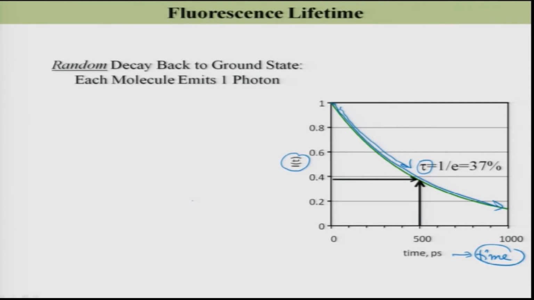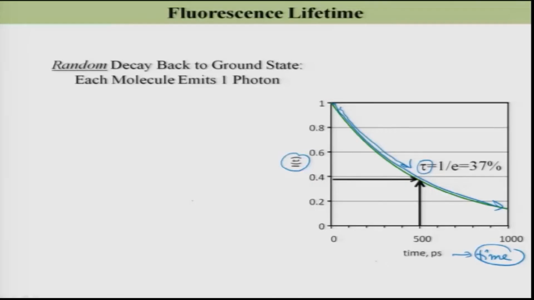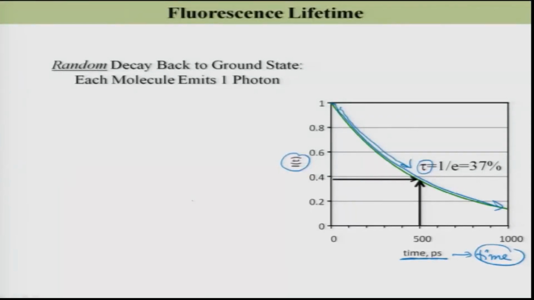But the problem is that, as I said earlier, the lifetimes of these molecules are in the order of nanoseconds. That means you need to measure all this time with 10 picosecond, 100 picosecond time resolution. That is why I have written the time in picoseconds here.